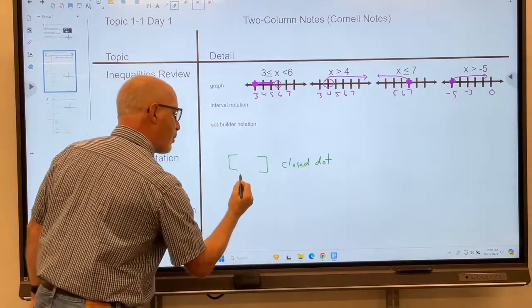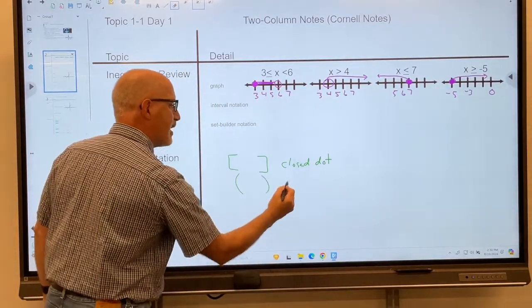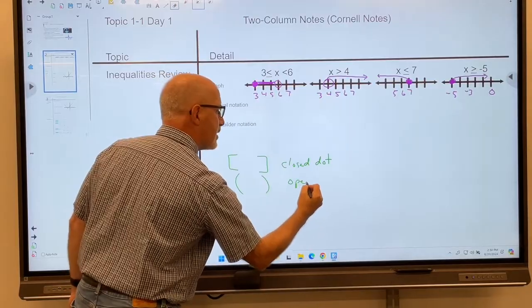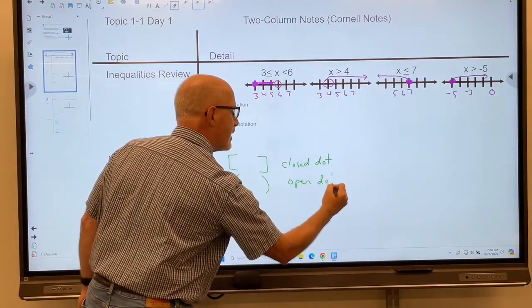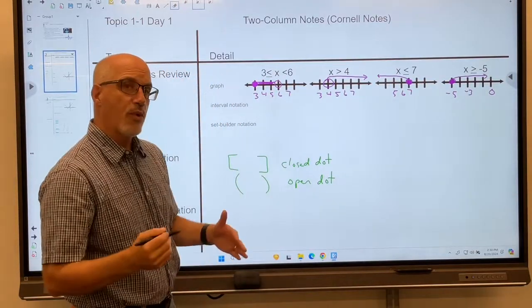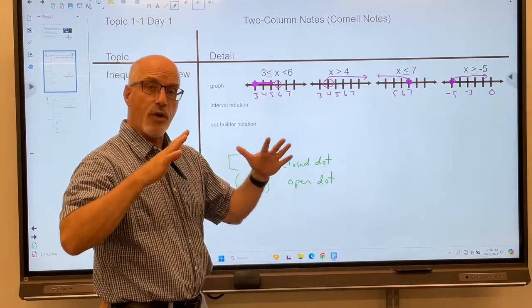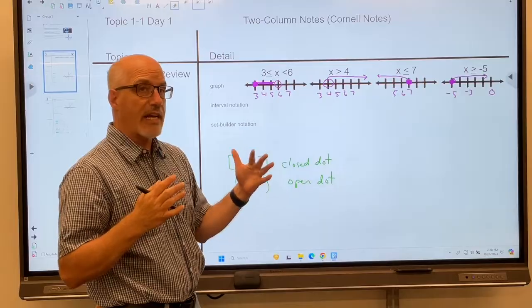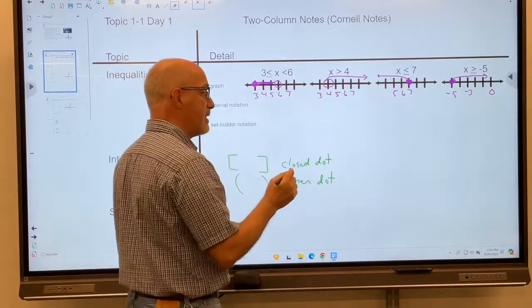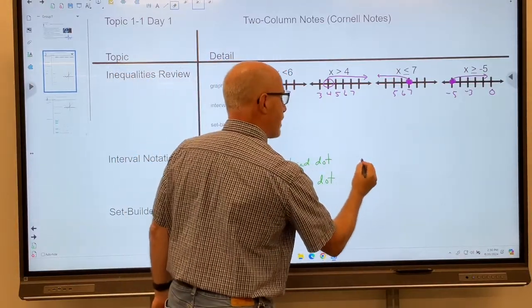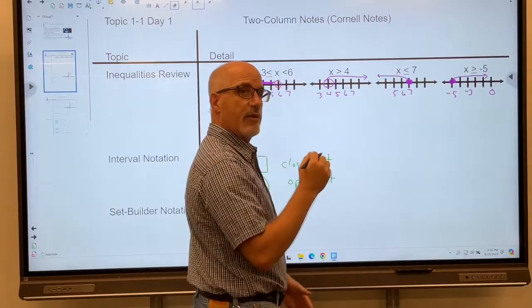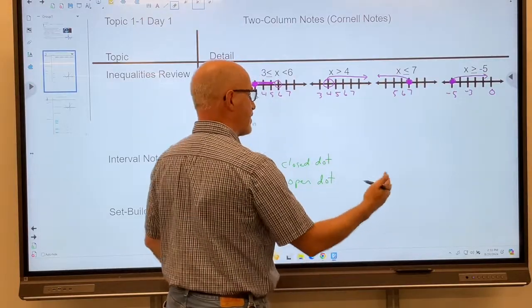And if you see a parentheses, that would be an open dot. Then you put it into an ordered pair look, but it's not an X and Y. Instead it's got an interval or a range of X values.